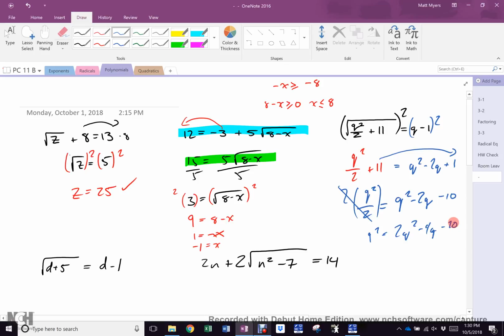Yeah? Now, again, I've got a Q squared and another Q squared. Fortunately, I've done grade 9 math, and I know what I can do with like terms, which is what? Collect them. I have 2 Q's there, and I'm bringing that Q over, so it becomes a subtraction, and I get Q squared minus 4Q minus 20.